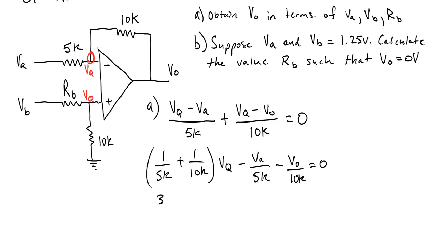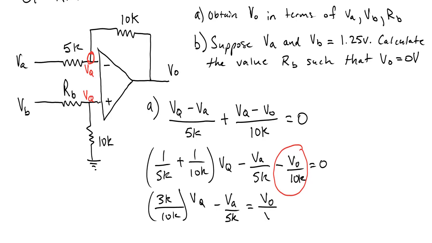That'll give us 3K over 10K VQ. And then we can move the VO term over, minus VO over 10K. We can move that over. And VA over 5K just stays the same. So we're going to add it to both sides. So that becomes VO over 10K on the other side of the equal sign.